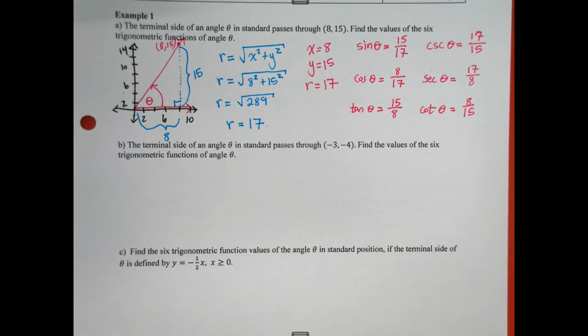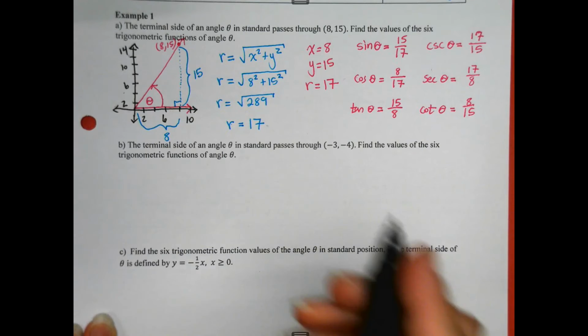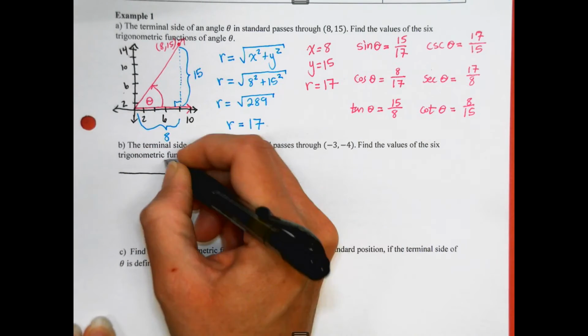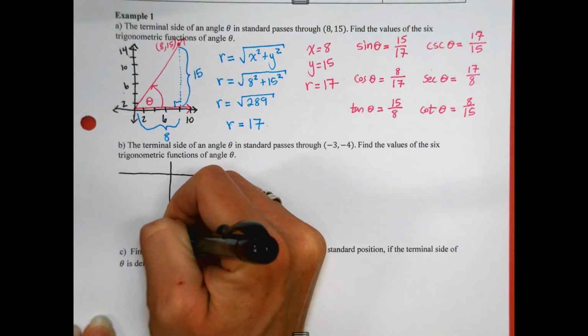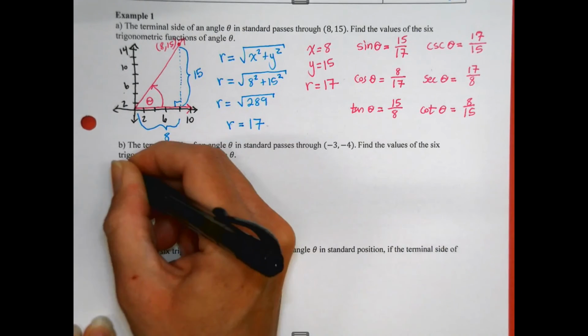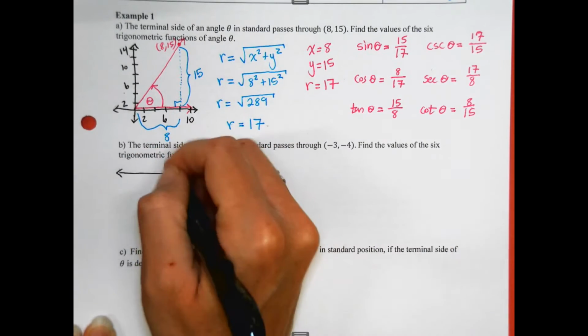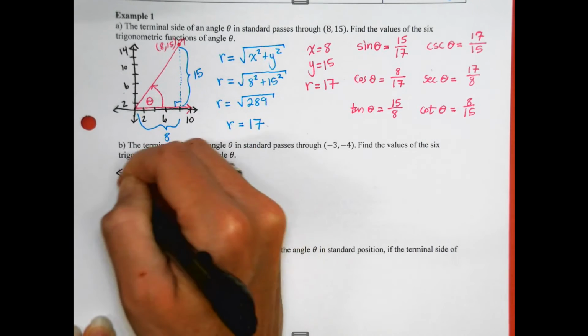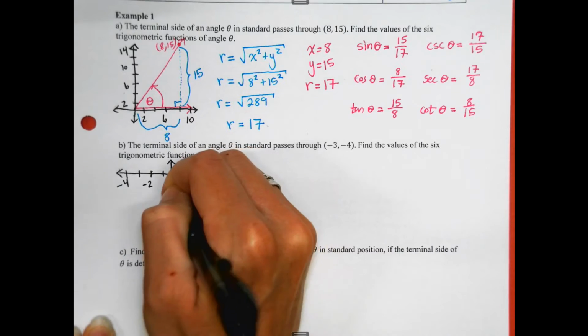Part B, the terminal side of an angle theta in standard position passes through the point -3, -4. Find the values of the 6 trigonometric functions of angle theta. We're passing through the point -3, -4.